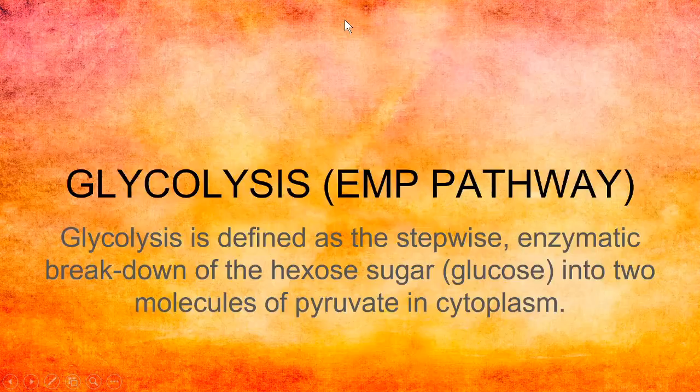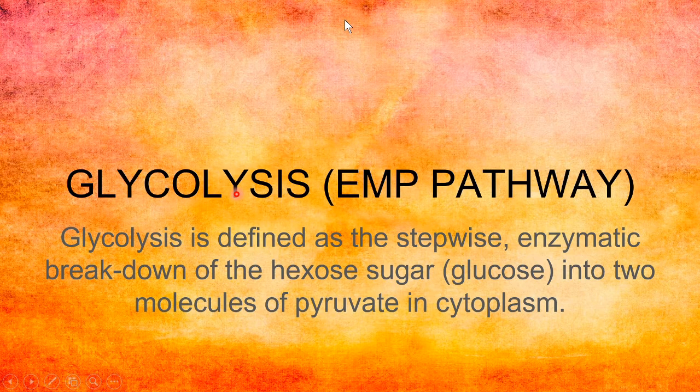Okay. Now we see the first metabolism of carbohydrate, that is glycolysis. This glycolysis is also called the EMP pathway. Why is it called the EMP pathway?